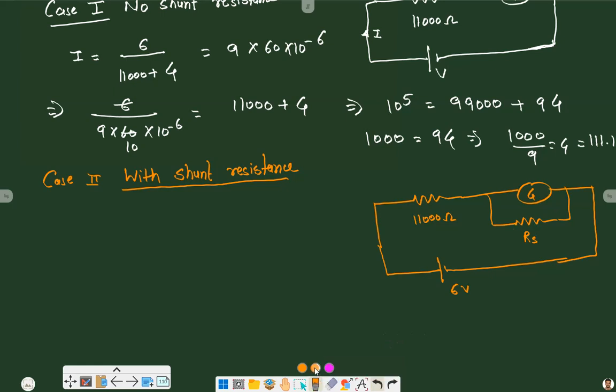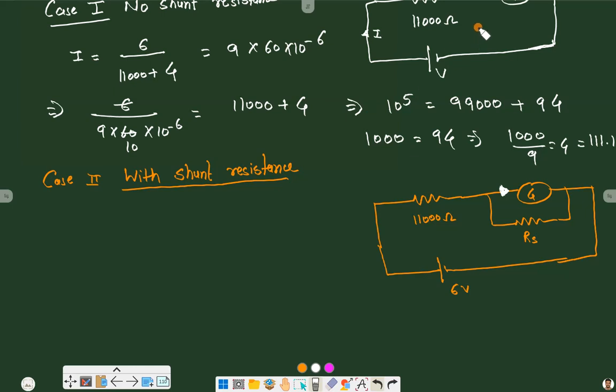It means the current that is flowing through this galvanometer, as the amount of deflection is directly proportional to the amount of current flowing through the galvanometer, is reduced to half.